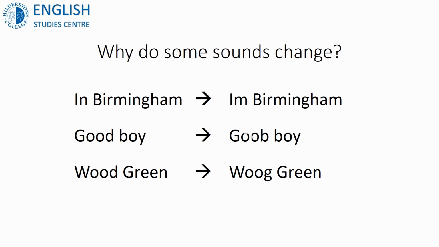Now you would probably be quite right to wonder what on earth "wug" means. But now that you've studied the rules of connected speech and know that sounds change, you know that we're lazy, so we change the d of wood to a g sound, ready for the g of green.